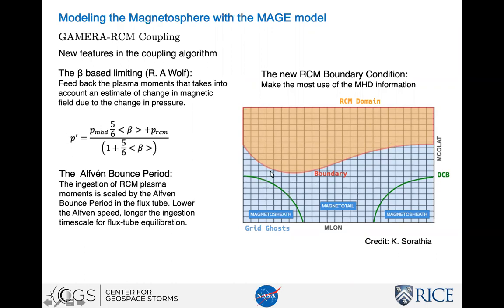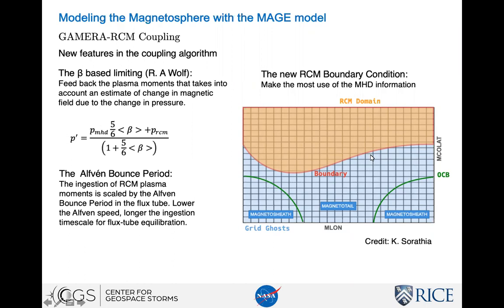But in the padded region, for example between the RCM boundary and the open-closed boundary, the old routine was a zero flow assumption, which means this area was padded with the same value as the boundary.